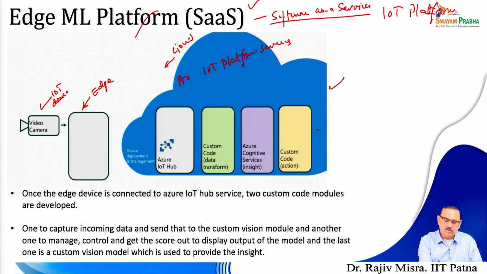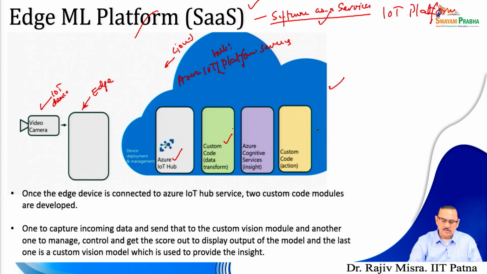We call Azure IoT Hub one such IoT platform service. Azure IoT Hub, which is an IoT platform that provides software as a service, has the following modules.